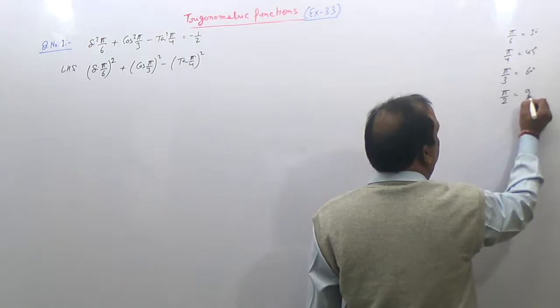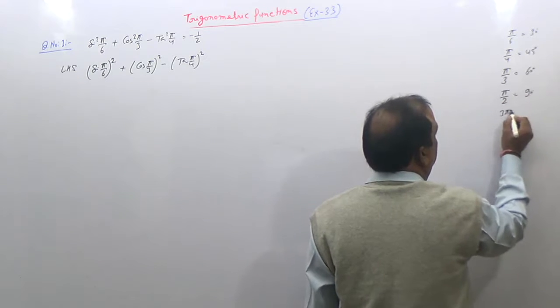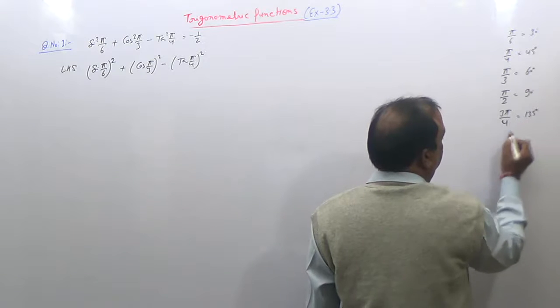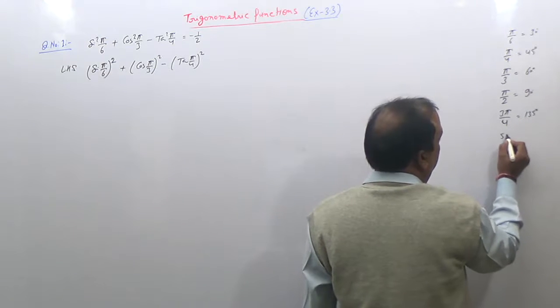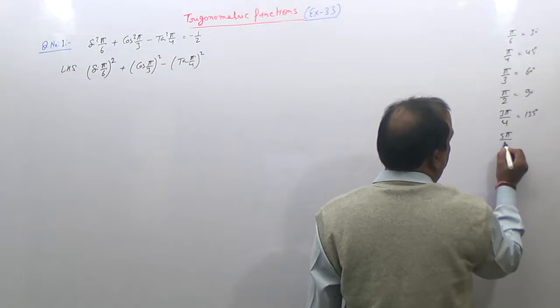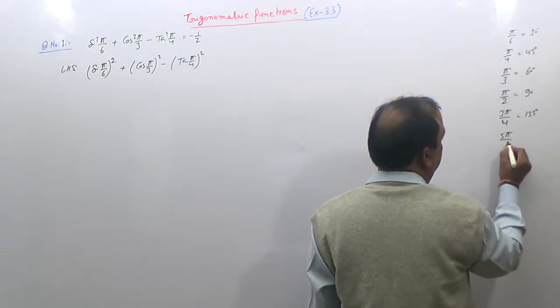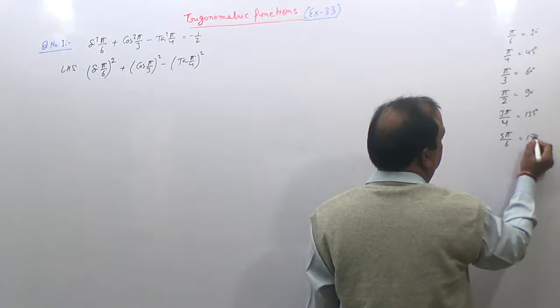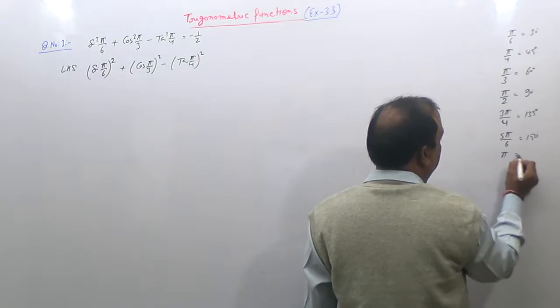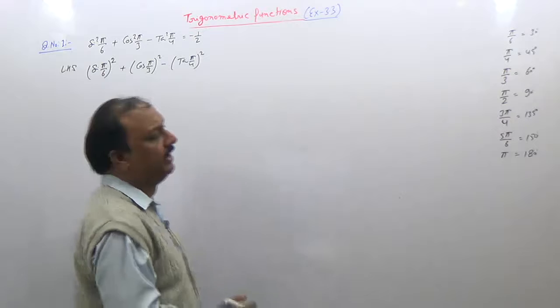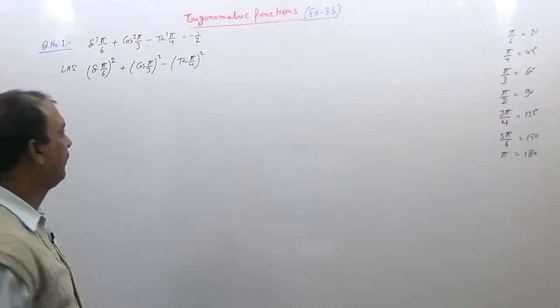Pi by 2 is 90 degree. 3 pi by 4 is 135 degree. And 5 pi by 6 is 150 degree. And pi is 180 degree and so on. These normally should be remembered.